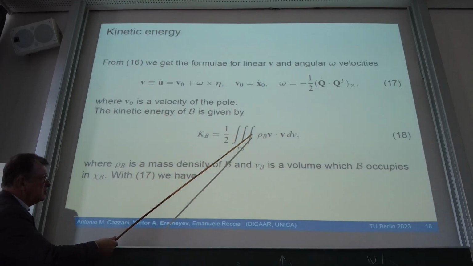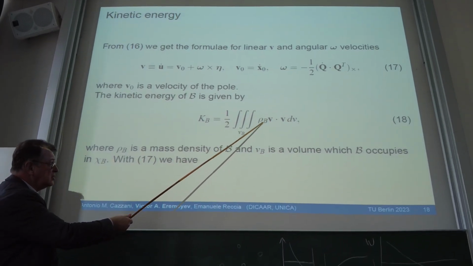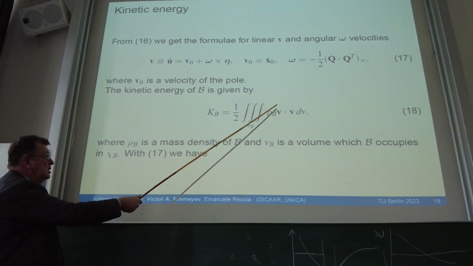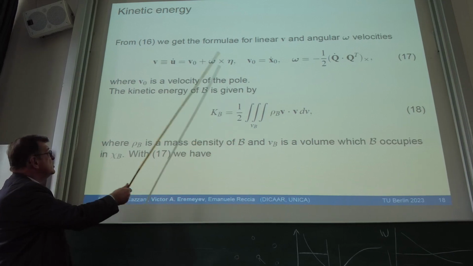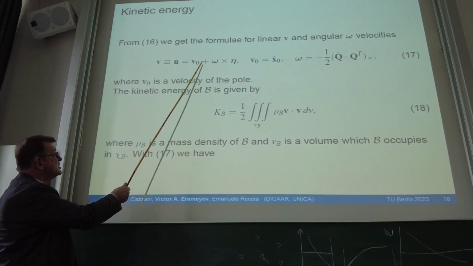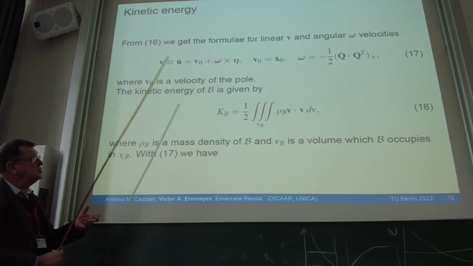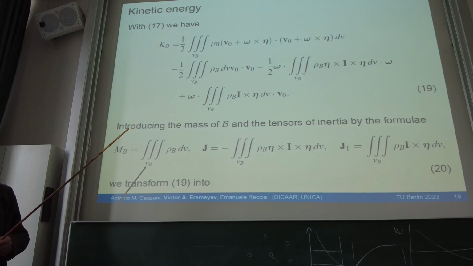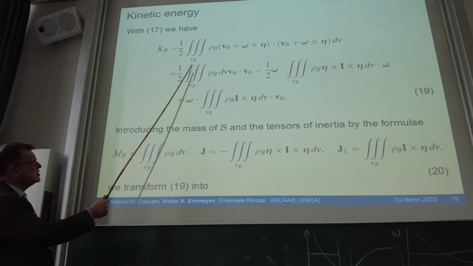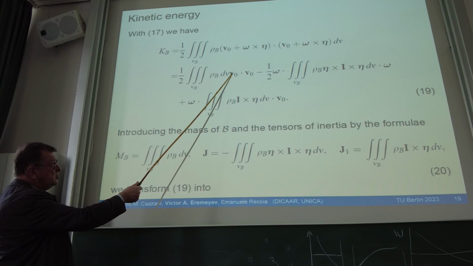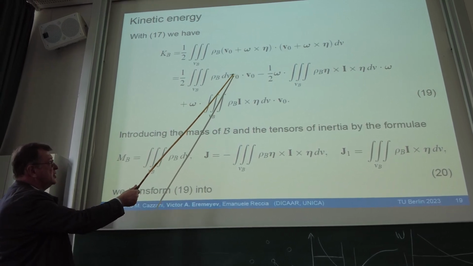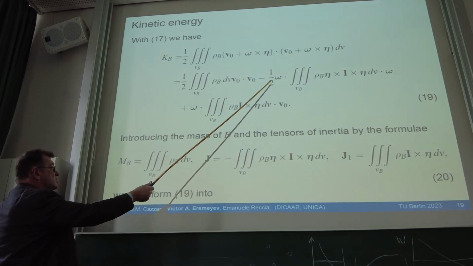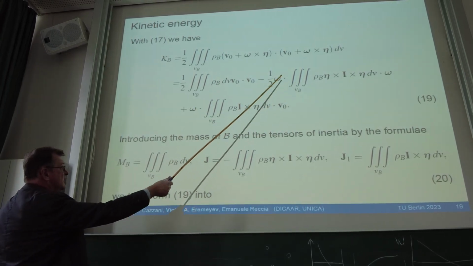You have a distribution of mass along the body, which could be inhomogeneous. If you substitute the velocity, which we have here, in this formula and integrate, we will see that this energy becomes a quadratic form with respect to the linear velocity and angular velocity, with some coefficients.